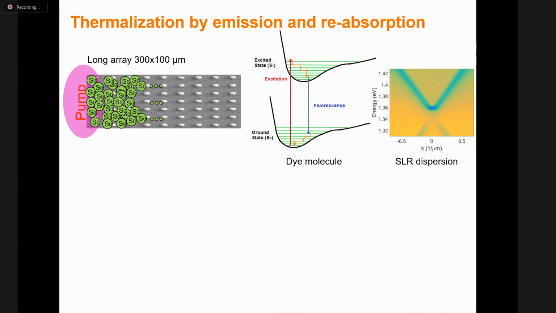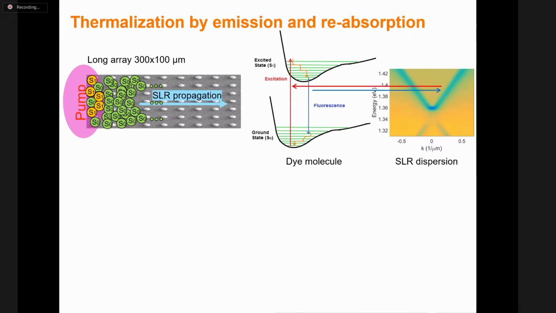So in the experiment, we apply the molecules on the array and pump from one end. Some of the molecules go to the excited state and then decay radiatively and excite the lattice mode, which brings the lattice mode alive and light propagates along the array.